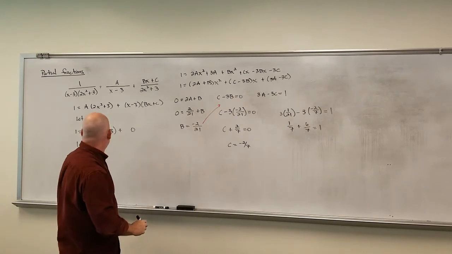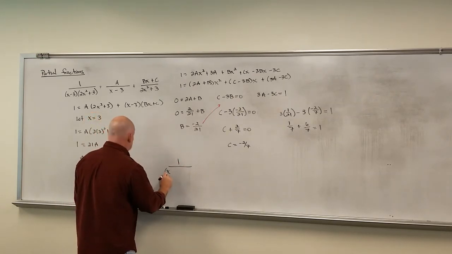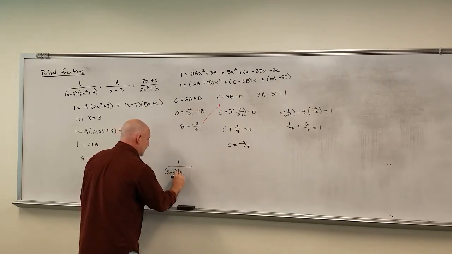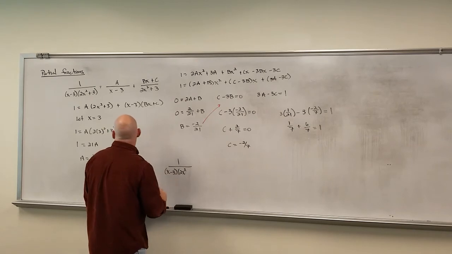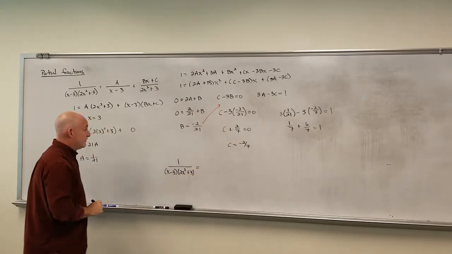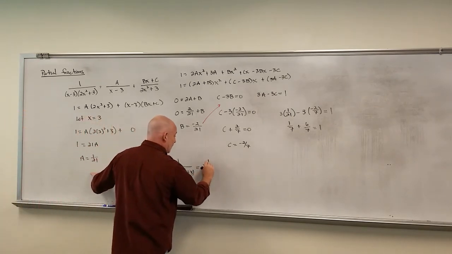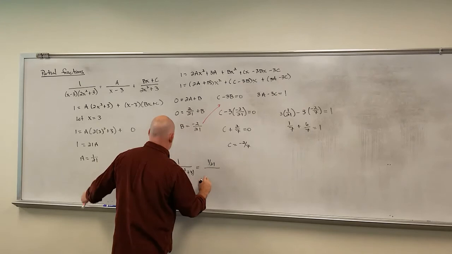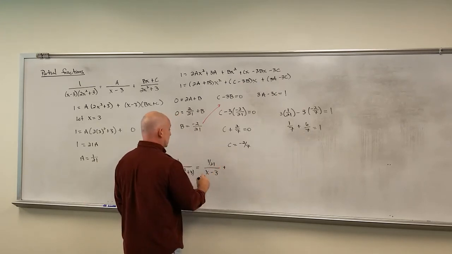So I'm going to squeeze it right here, which means 1 over x minus 3 times 2x squared plus 3 can be written as, I know it's going to be messy, just because I randomly picked numbers. This will be 1 over 21 times x minus 3 plus, what was b?